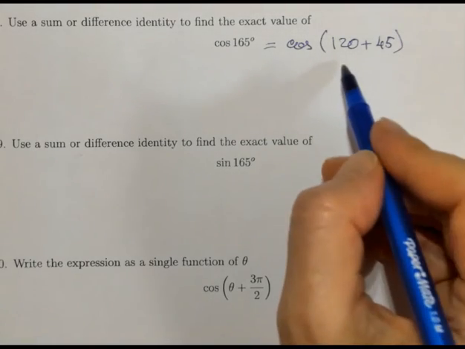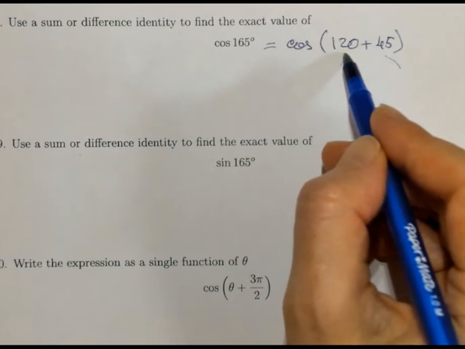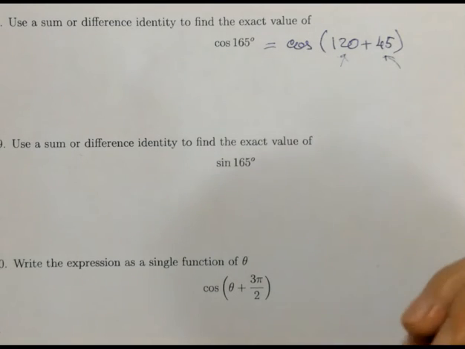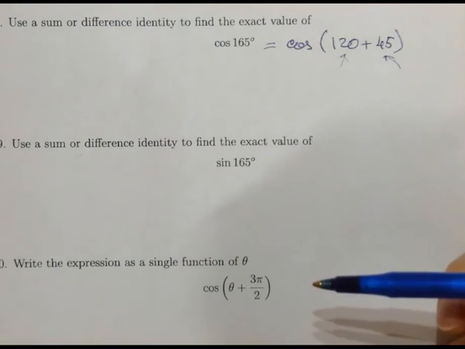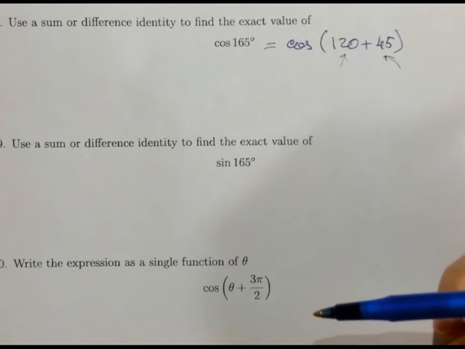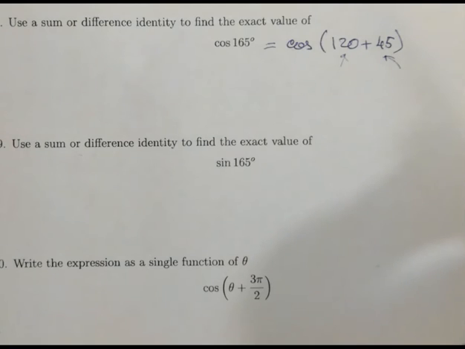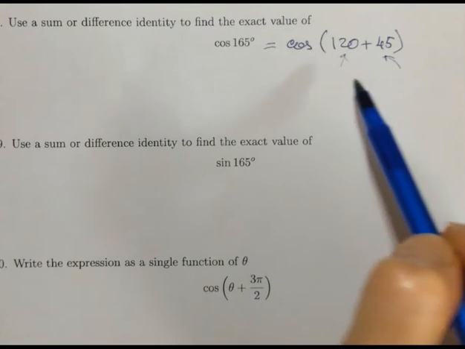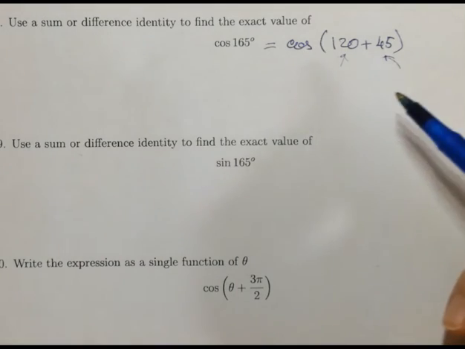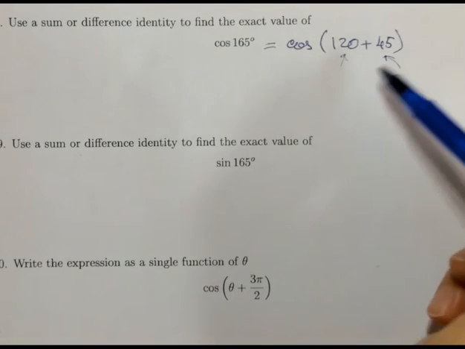We usually take this pair of angles from the angles on the unit circle, like 30, 60, 45, 120, 150, angles like this. And you can take different angles.